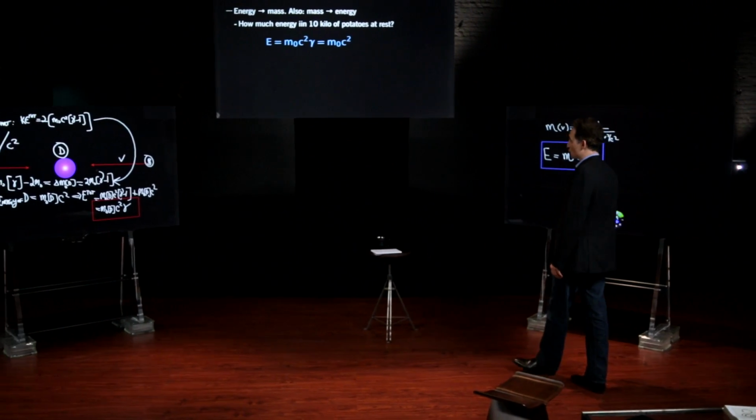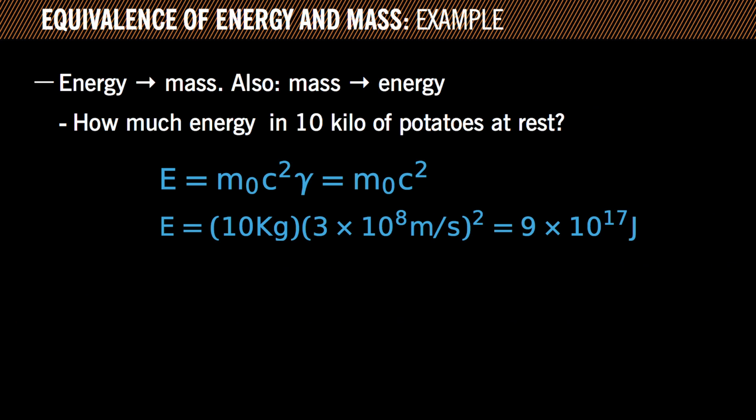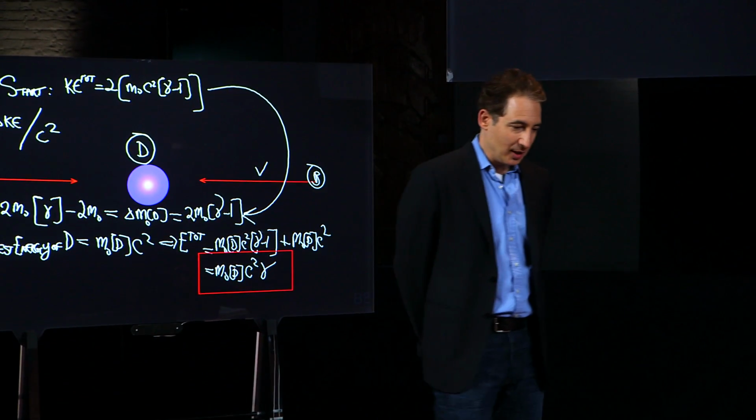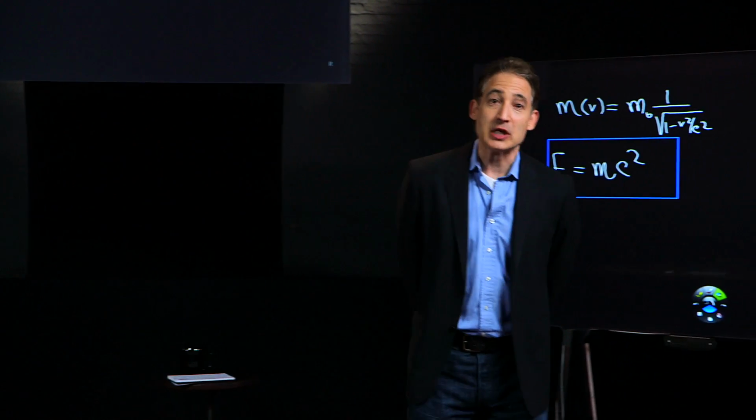Gamma in that case is 1, so it's just m0 c squared. Plugging that in, you find that the result is 9 times 10 to the 17 joules, which in kilowatt hours is about 10 to the 11 kilowatt hours. Just to give you a feel, New York City uses about 10 to the 11 kilowatt hours each year.